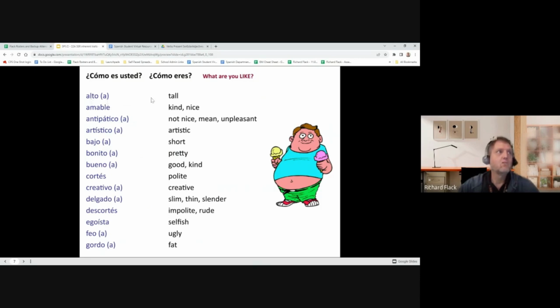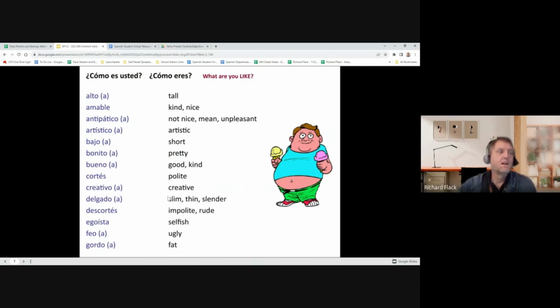So we've got alto, tall, for a tall male, alta, tall female, amable, kind, antipático, not nice, mean, unpleasant, artístico, artistic, bajo, short, bonito, pretty. That word can be used for male and female. Bonito, it's another way to say handsome. Bueno, good or kind. Cortés, polite.